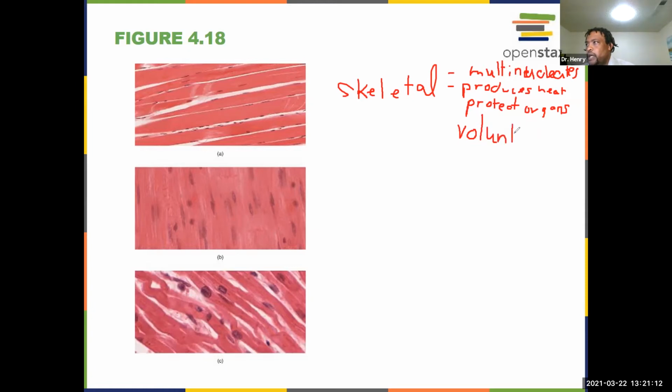Okay, and what is one other feature of the tissue itself, so that we can distinguish it from the others?